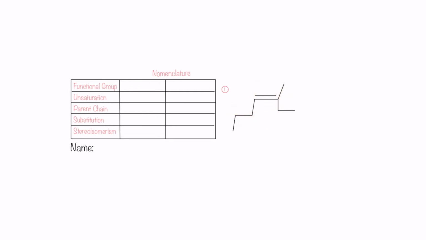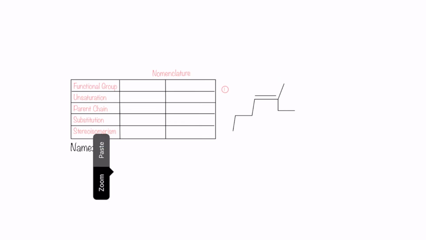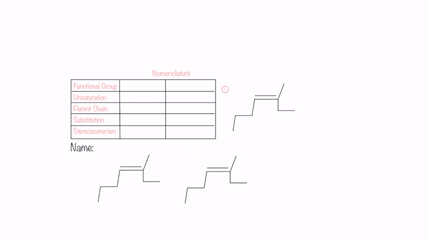But now should we number it going to the left or going to the right? So I'm going to go ahead and copy this guy to see which direction is better in this specific situation. So if we go ahead and number it from the left, and here we can number it from the right, what do we see?